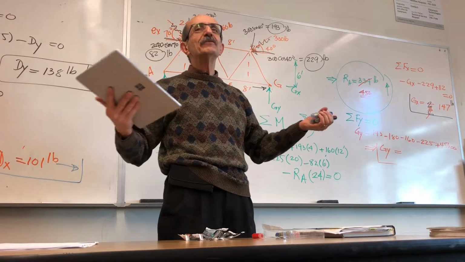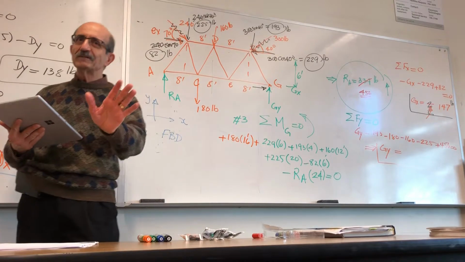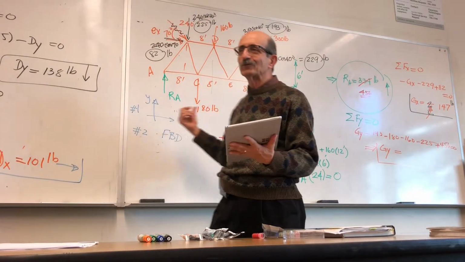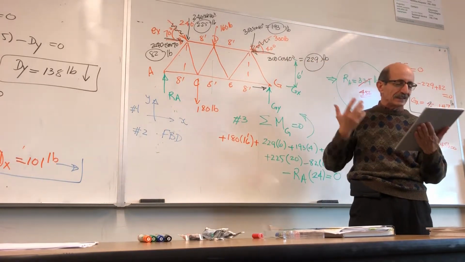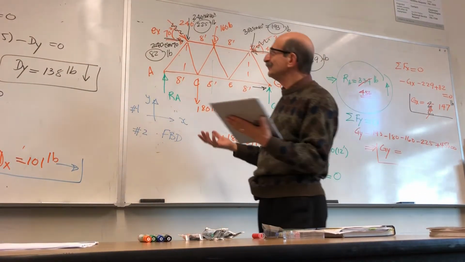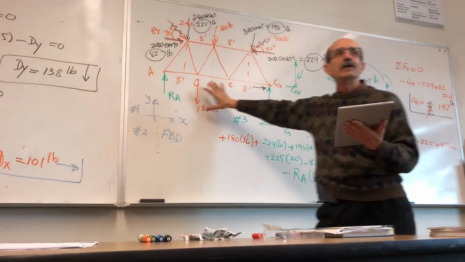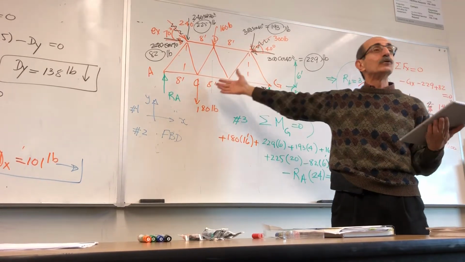Since I'm being videoed, I have to defend myself. The problem is not even asking for the support forces that you told me. It's only asking you to find the equivalent forces. In other words, it is not a rigid body equilibrium. But at least I turned that into an equilibrium problem.